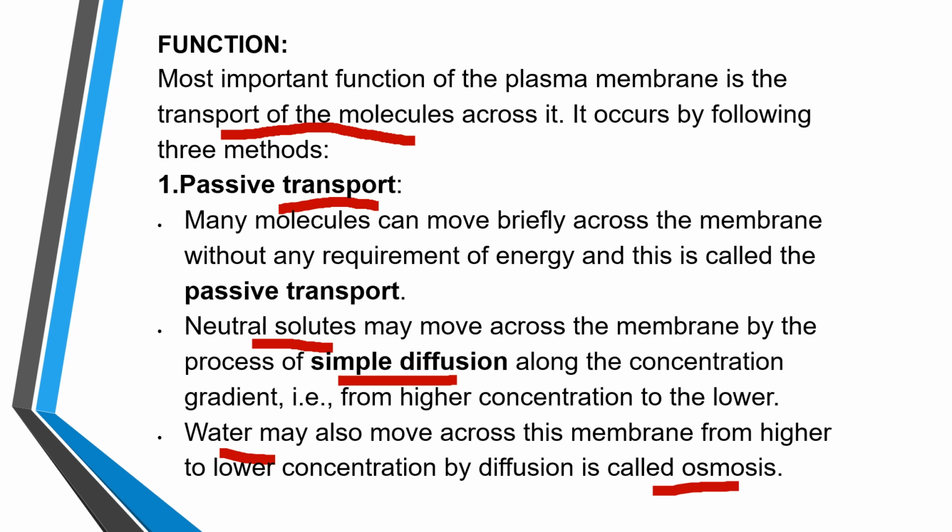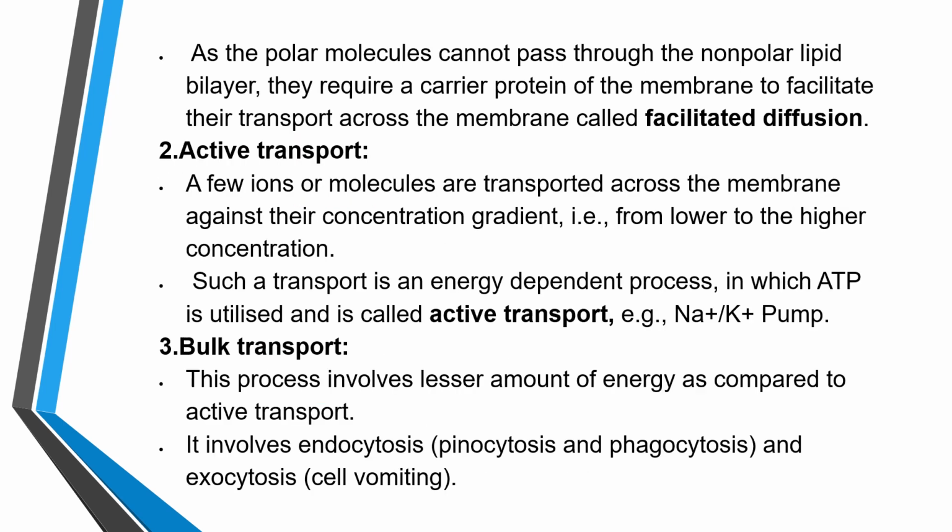Students, as we know, polar molecules, especially water, cannot cross the non-polar lipid bilayer. So for polar molecules like water to cross, sometimes proteins present in the membrane help to pass those molecules across the cell membrane.